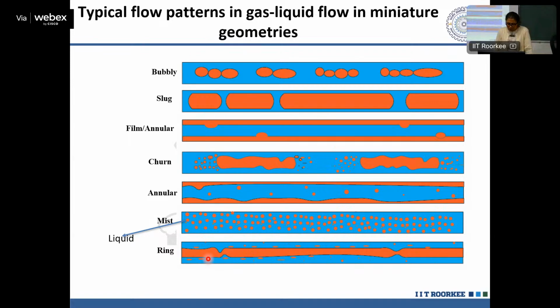In annular flow, the interface is more or less steady. There may be a drop in the film where the interface is disturbed.